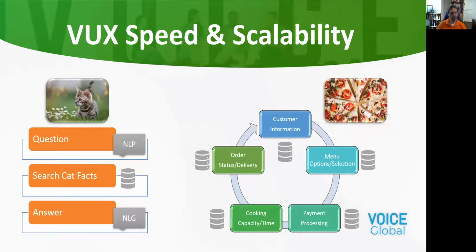So let's dive into these two scenarios a little bit more deeply. In the cat fact example, if you ask for a cat fact, and in the tutorial, certainly, you've got an array of cat facts that's embedded in code, but that could be abstracted out to a data store.